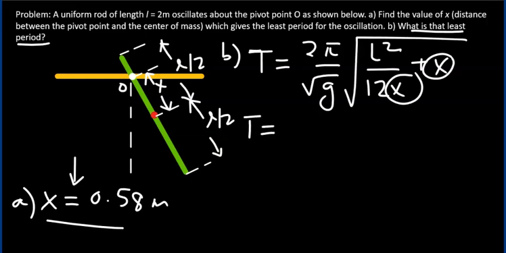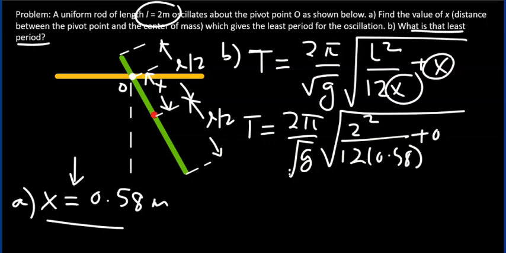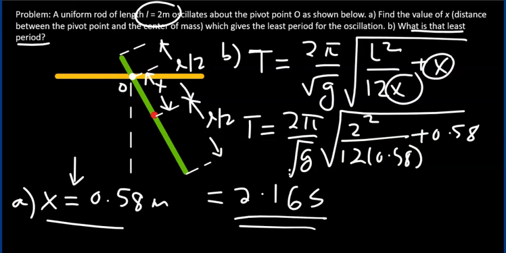When you do that, you have 2π over square root g, square root of 2²/(12 × 0.58) + 0.58, since L is 2 meters. And that's going to give you an answer of 2.16 seconds. And that solves the problem. As always, thank you for watching.